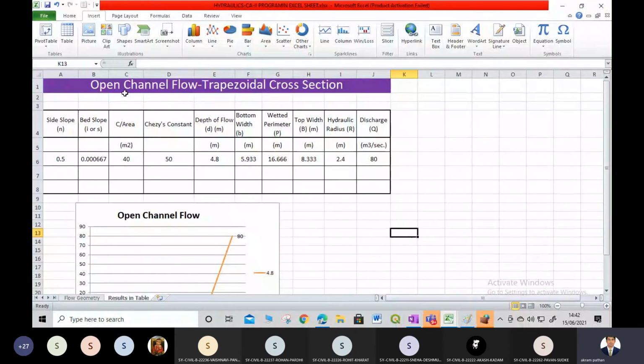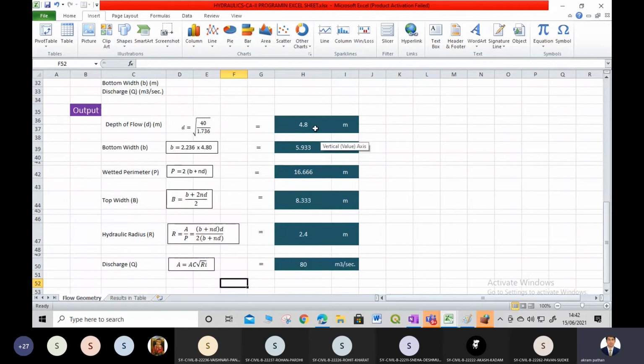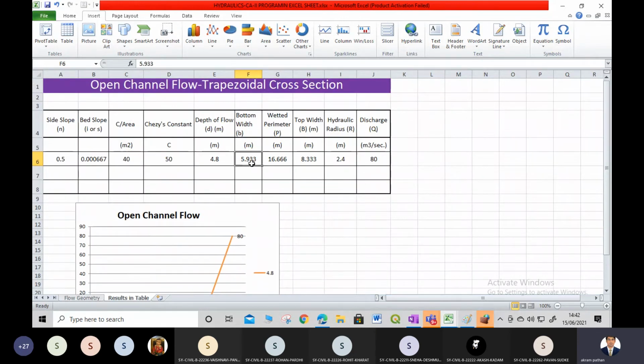So this is the table we have generated. Side slope is given, the second column of this table is bed slope I or S, then cross sectional area is 40, Chezy's constant C is given, this is capital C. Then depth of the flow we have calculated, see here 4.8. Then we have calculated bottom width 5.933.